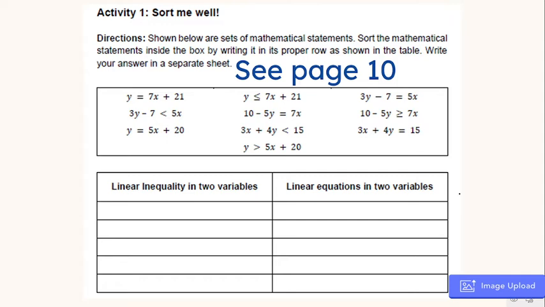Write your answer on a separate sheet of paper. Make two columns and write which column each mathematical statement belongs to. Earlier I showed the difference between linear inequality and linear equation, so find where each one belongs and write it in that column.